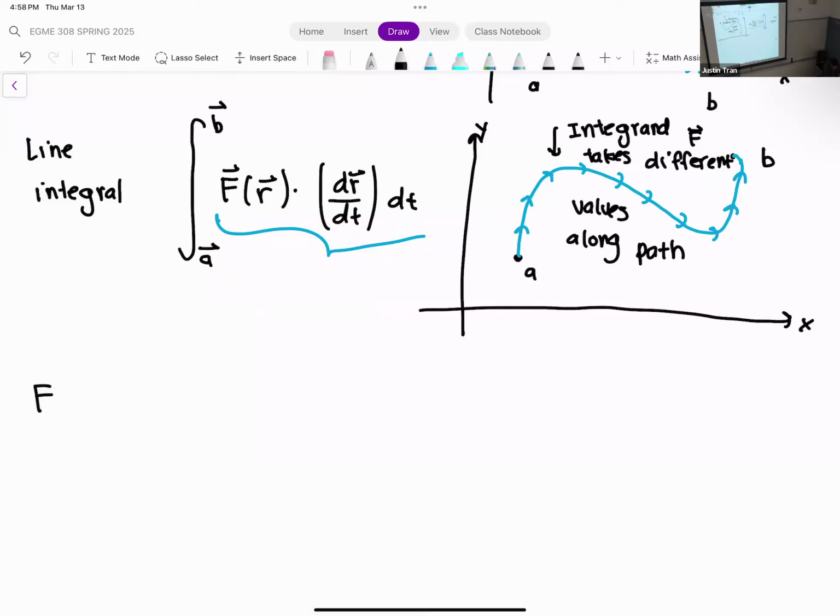All right, so let's start with the most important part, f of r. This f represents our integrand, the function that we ultimately want to integrate. And f is a vector field.